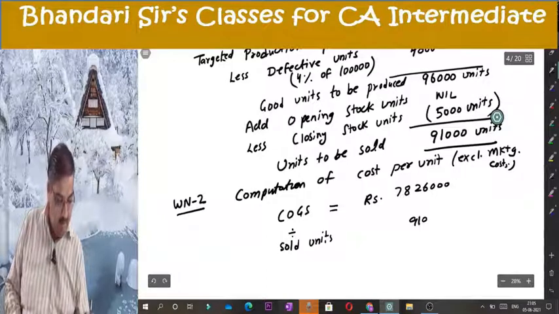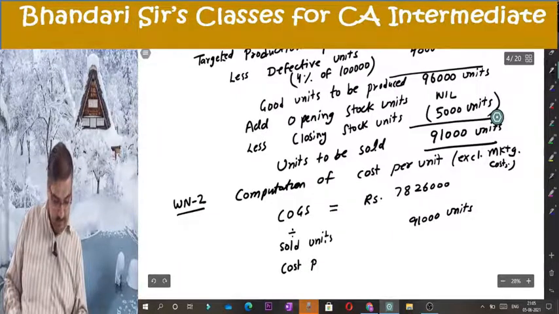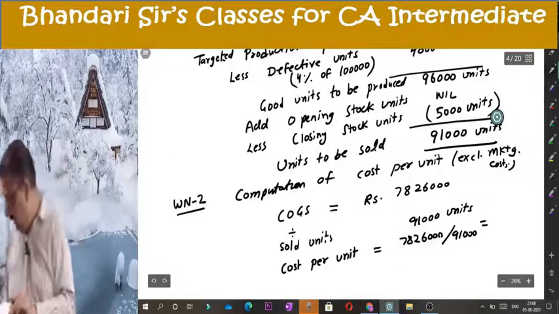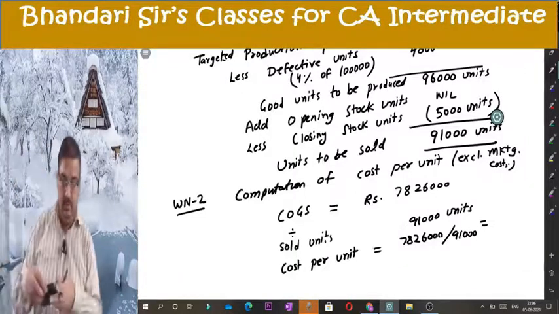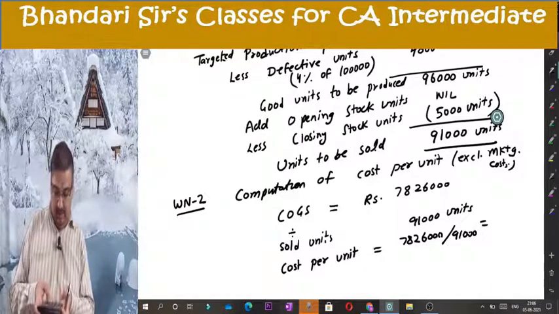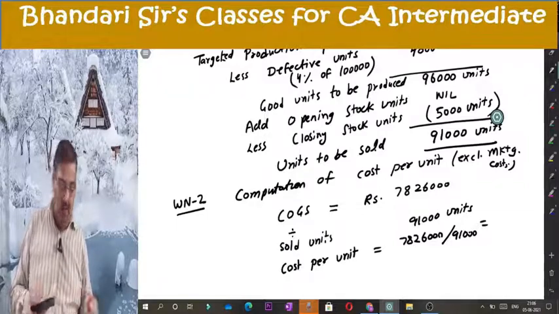I computed 91,000 units. Once you divide, if I divide 78,26,000 by 91,000, I'll get 86 per unit.